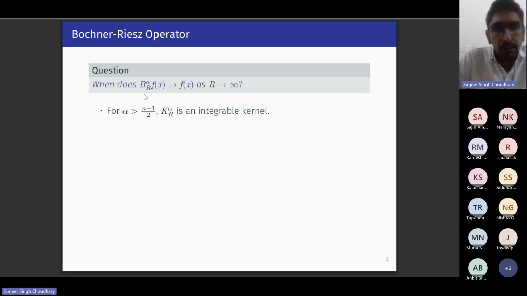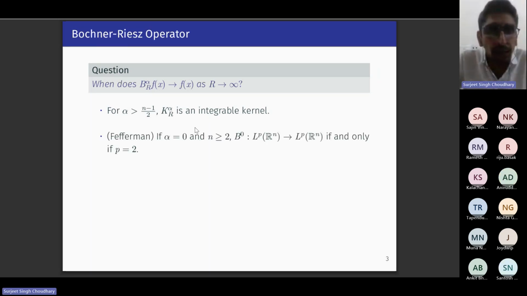Now we will see the boundedness for different exponents alpha. When alpha is bigger than (n minus 1)/2, then using the asymptotic properties of the Bessel function, we can show that the kernel K_alpha is an integrable kernel. Then using the Minkowski integral inequality, we can interchange the norm with the integral, and then we can obtain L^p boundedness for p bigger than or equal to 1.